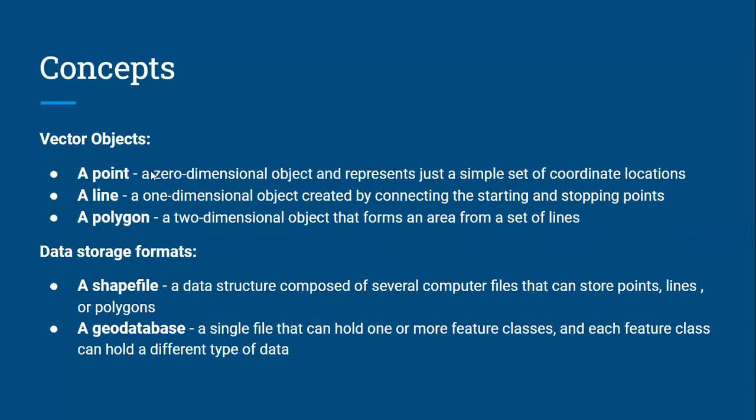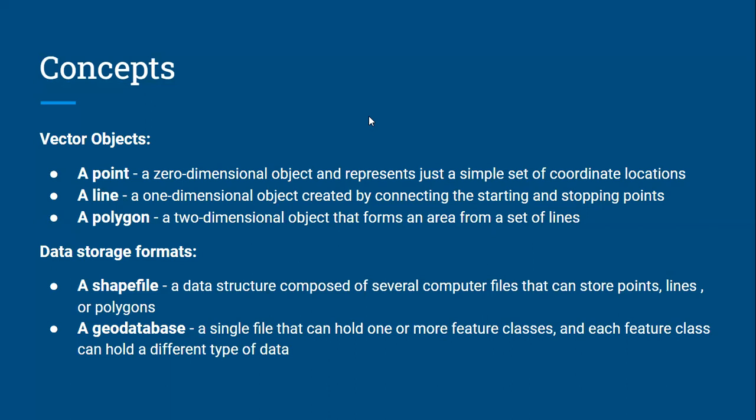Next is about vector objects. Vector data uses points, lines, and polygons to represent real world items. A point is a 0-dimension object and represents just a simple set of coordinate locations.